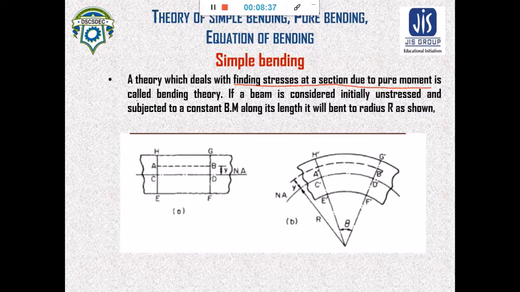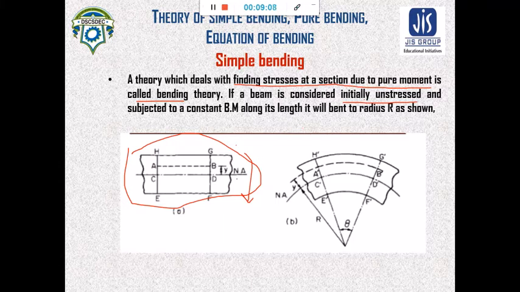So consider a beam which is initially unstrained or unstressed, meaning there is no stress, and it is subjected to constant bending moment M along the length.